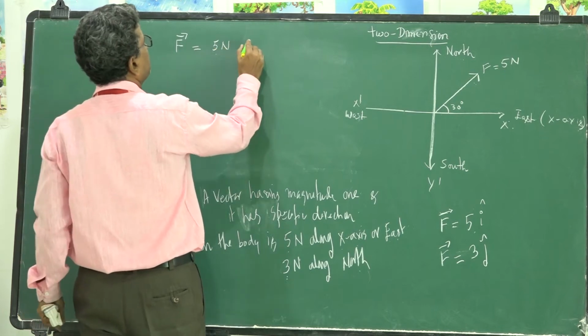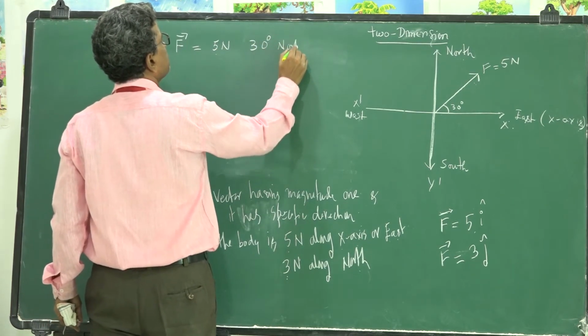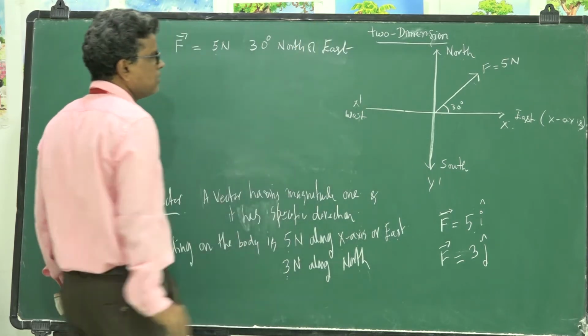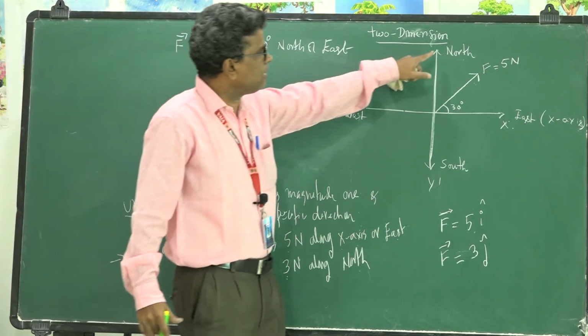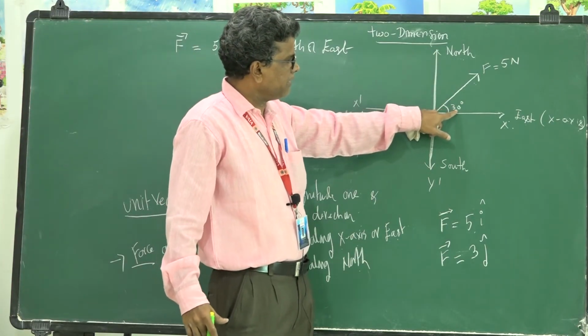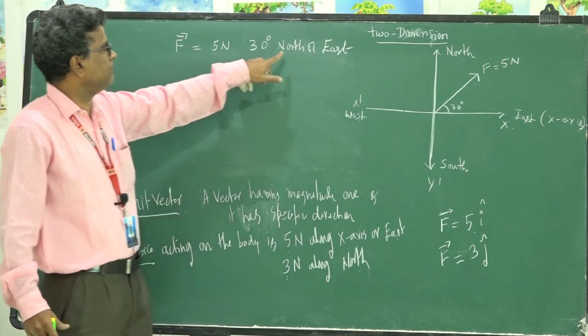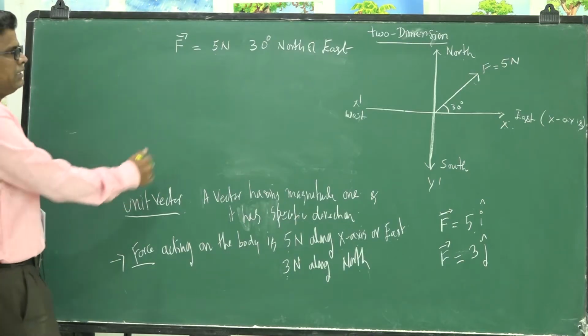That means towards the north, making 30 degrees with the east. We can represent the direction of the force as 30 degrees north of east.